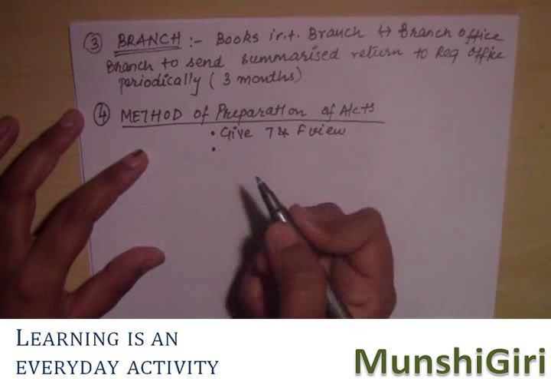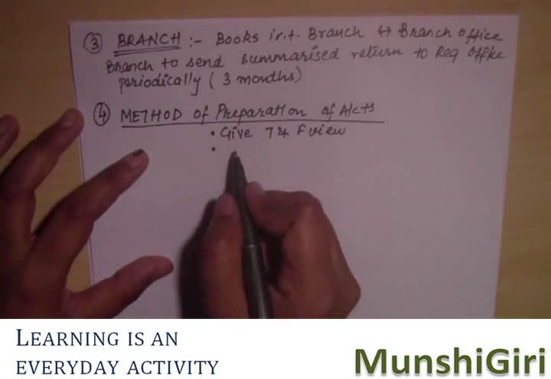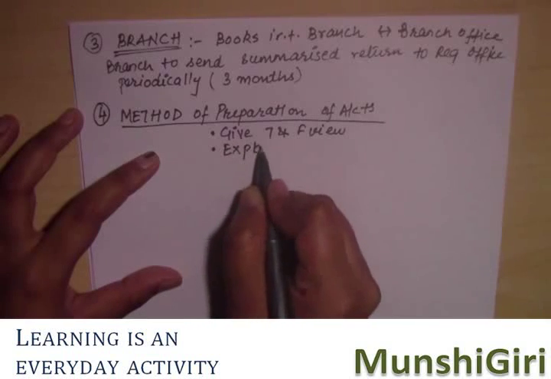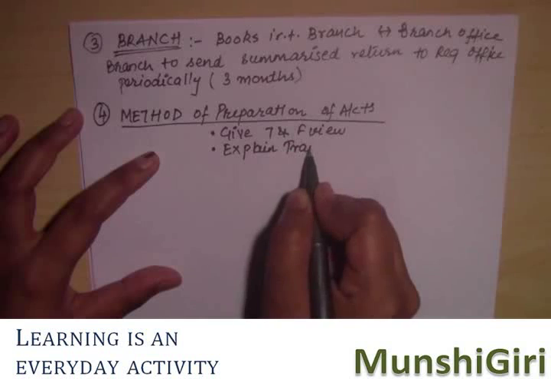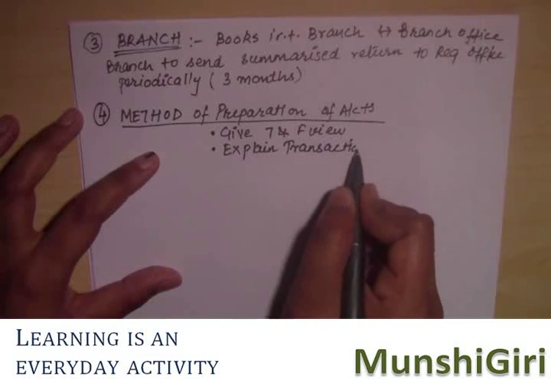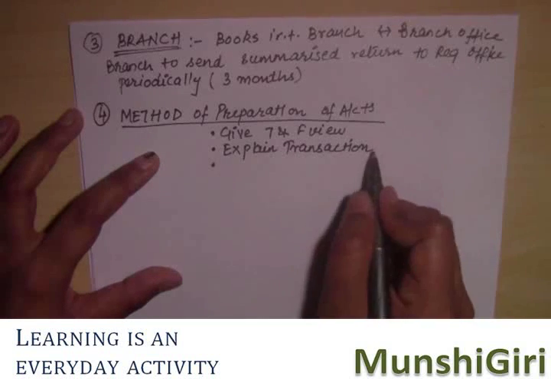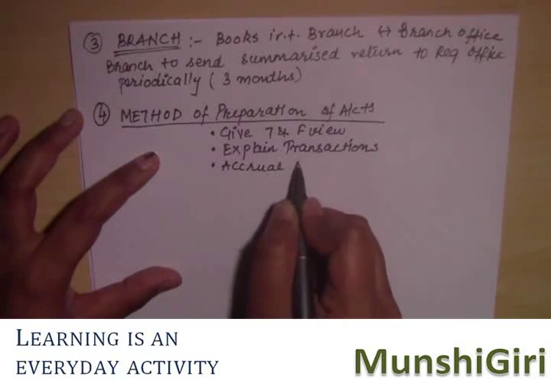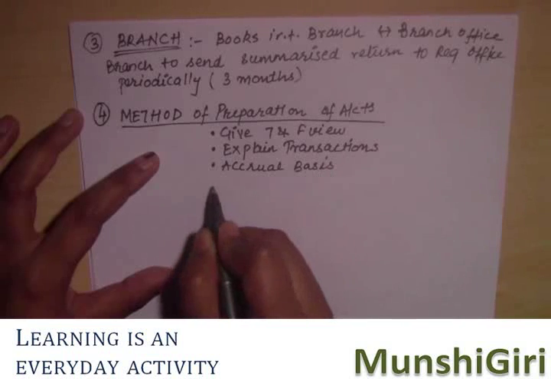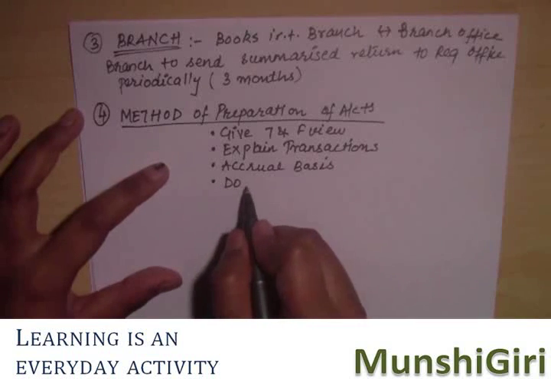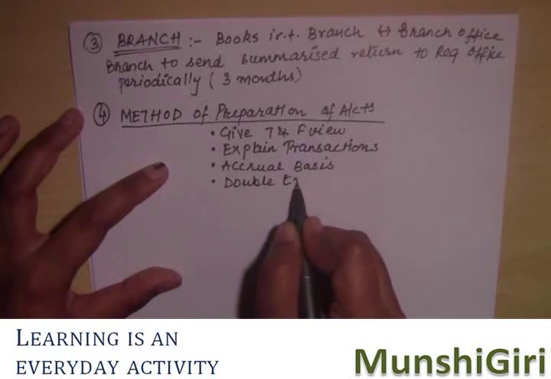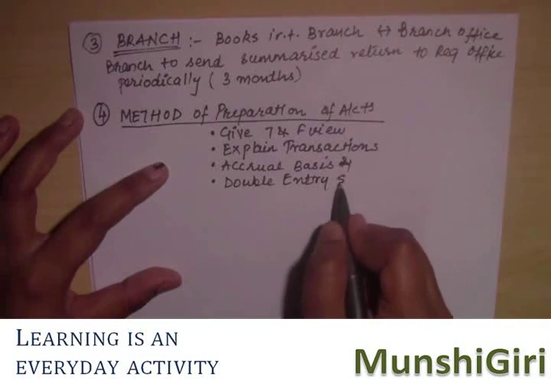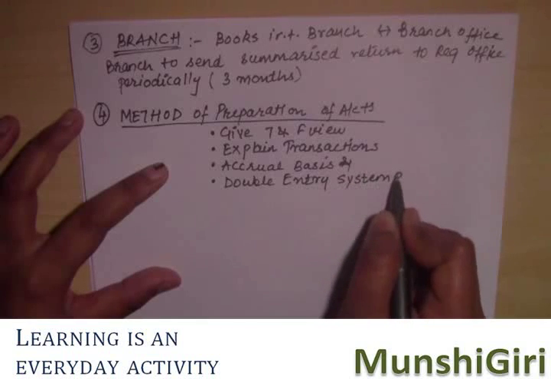Second, it should explain the transactions effected at the head office or registered office. Next, it is prepared on accrual basis and as per the double entry system of accounting.